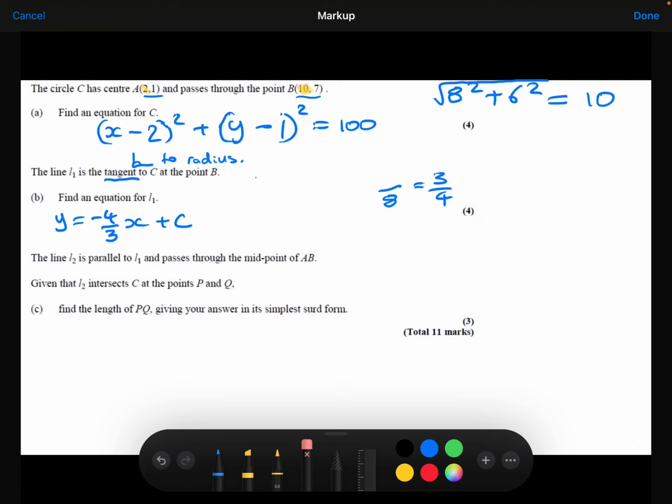We just need to work out c, which we can do because we know that our tangent passes through point B. So I know that my y-coordinate is 7 when my x-coordinate is 10. Just substituting the coordinates of point B in here.